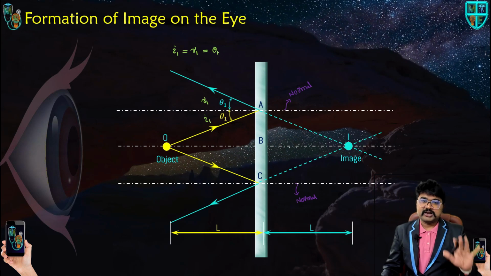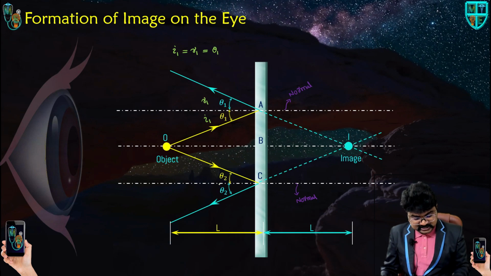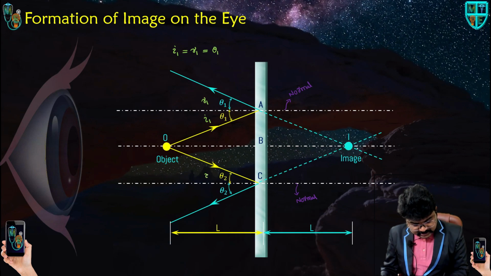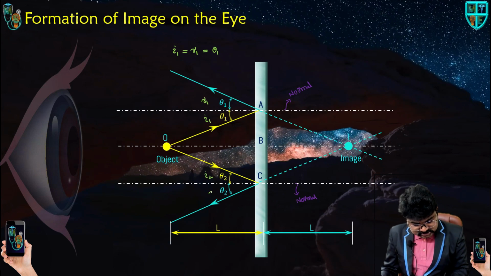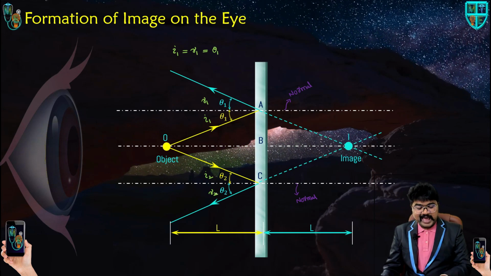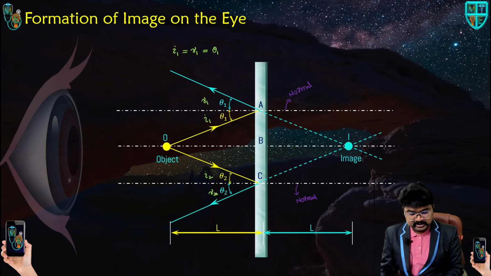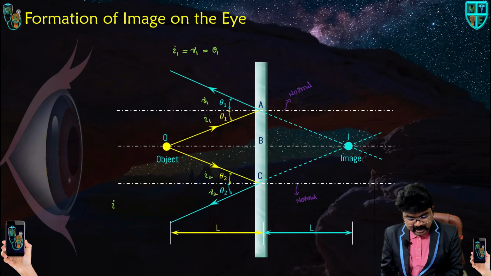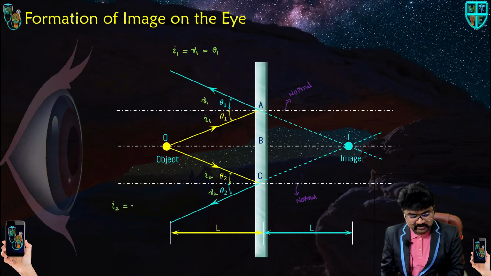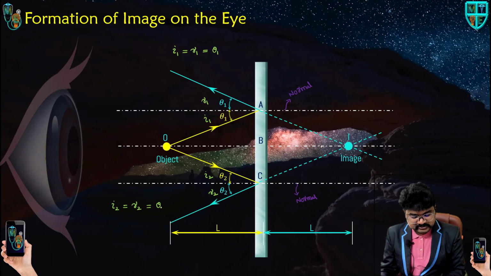So this is the normal. At the other point of incidence, this would be I2 and this would be R2. The angle of incidence equals the angle of reflection, so by the law of reflection I2 equals R2 equals theta 2.